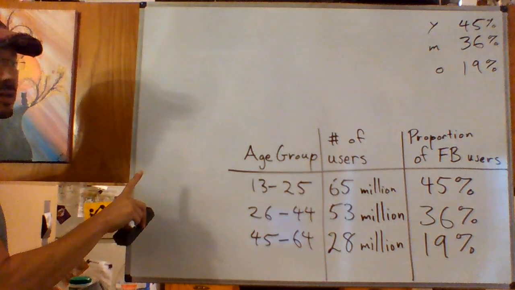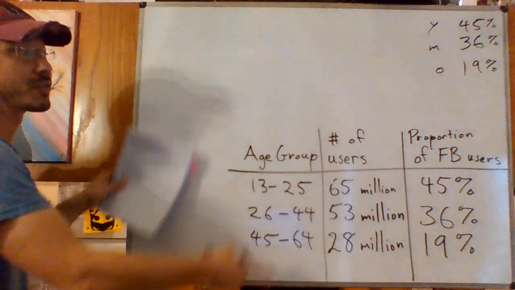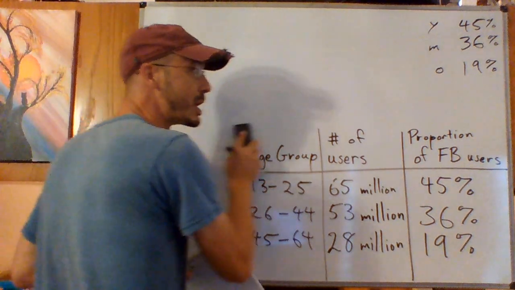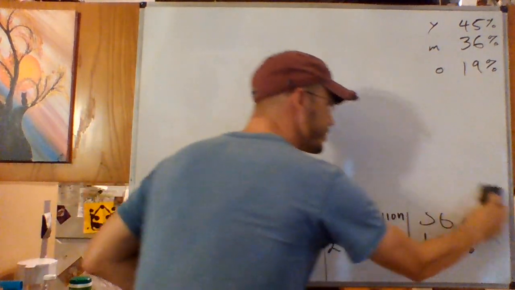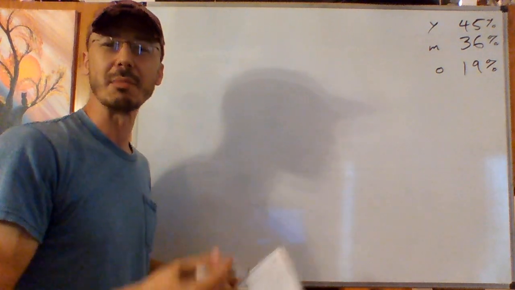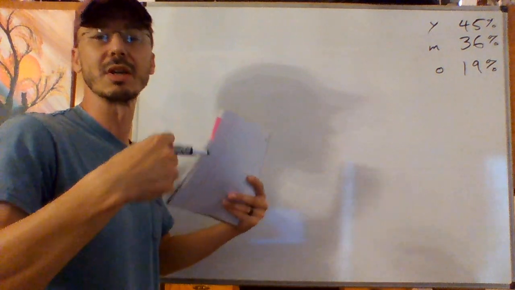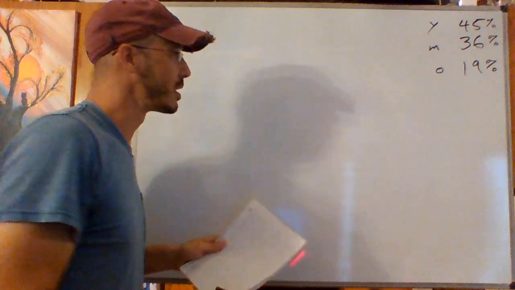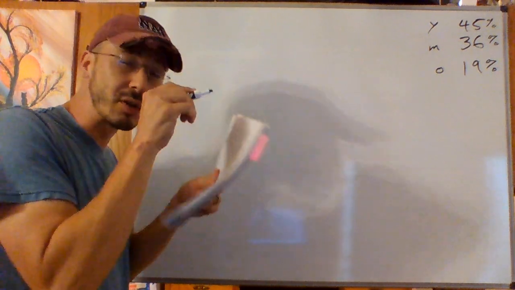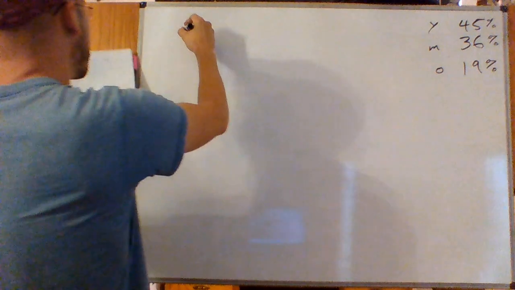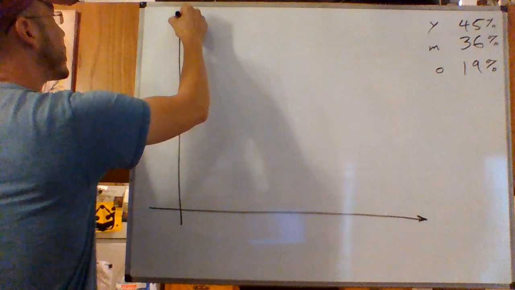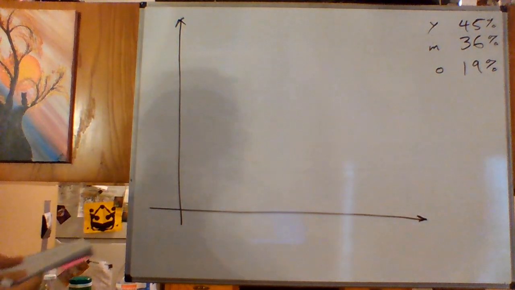So give yourself space because the graph is going to be big. I mean, not necessarily, but I'm trying to build it as if I were constructing it from scratch. If you already know what it looks like, you could make a small version, but it's easier to build it if you give yourself space to do so.